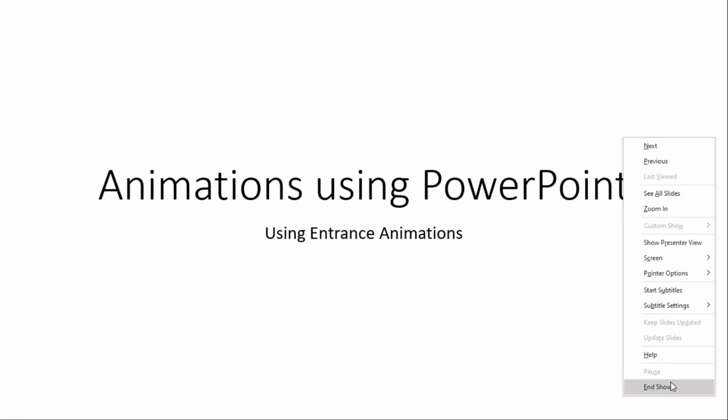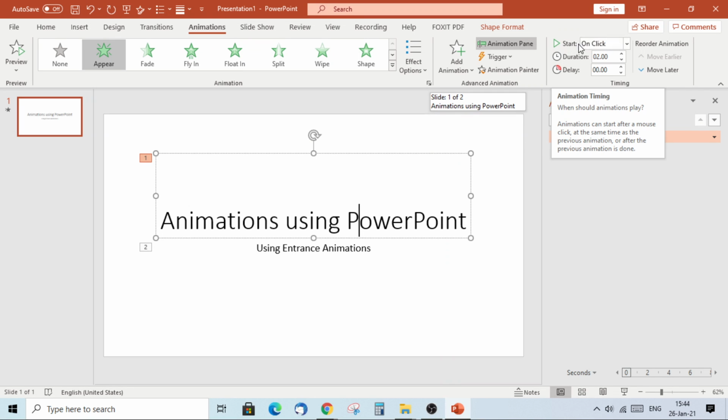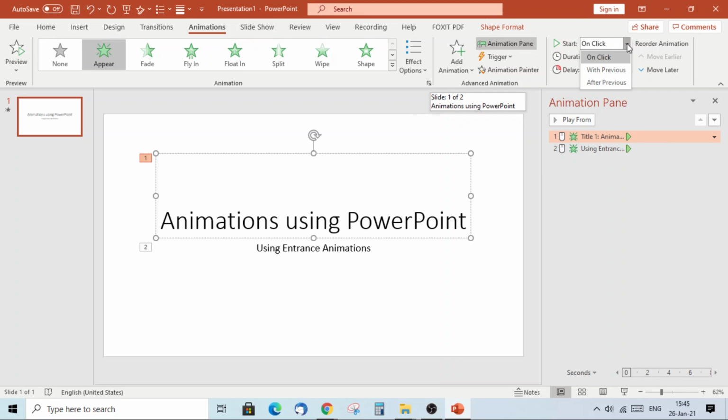However, you can avoid clicking the tab by coming to your animations, and then still under the timing where you have start, instead of on click, you can click on that drop down arrow and then click after previous.